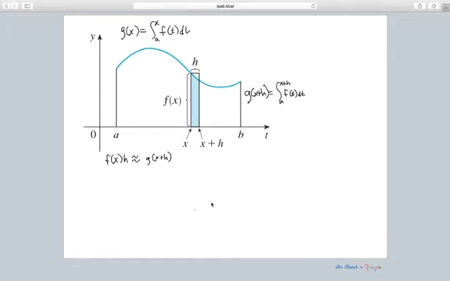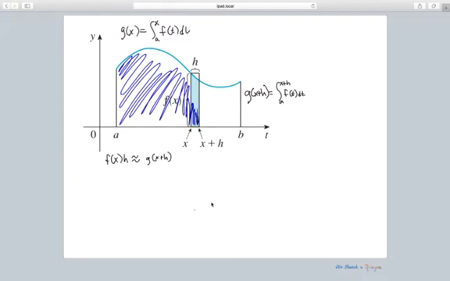So if you think about that, that would be this total area here. So all the way from a under the curve, not stopping at x, but stopping at x plus h. But again, I just want the area inside the rectangle. I don't want all of that area. So what I'm going to do is then subtract off g of x, okay?